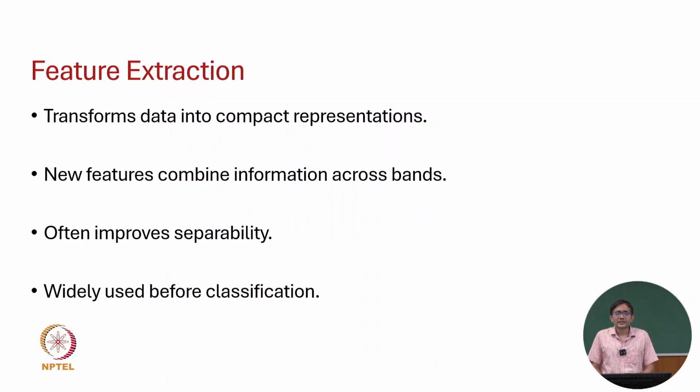The feature extraction paradigm, on the other hand, transforms data into compact representation. The new features combine information across bands. So rather than just selecting a subset, like there, of course, 230 bands were there, and we choose 100 bands, and we said that most of the other bands are actually redundant given these 100 bands.